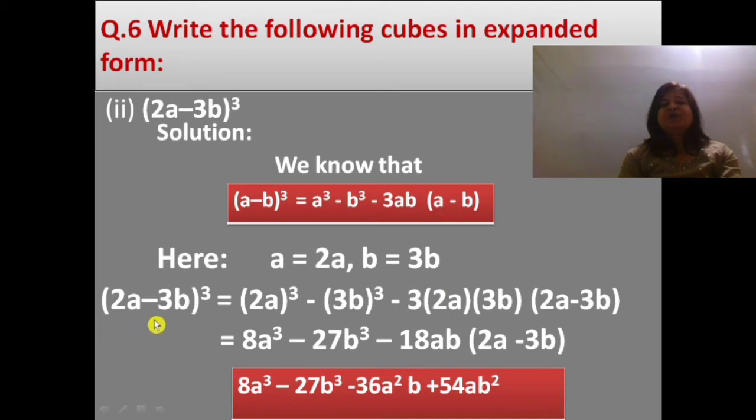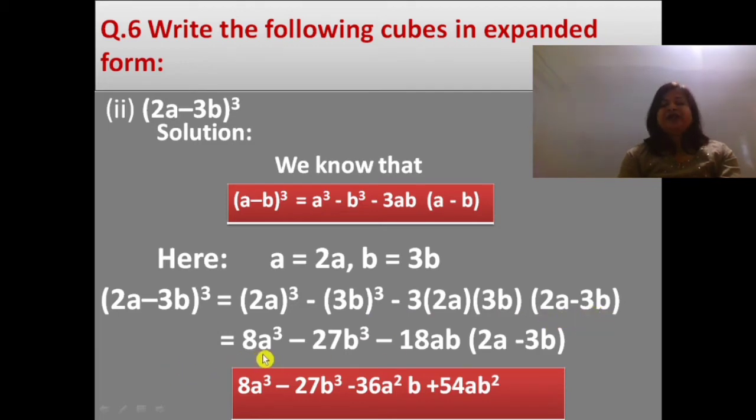So here (2a - 3b) whole cube is equal to (2a) cube. In place of a cube, (2a) cube will come, minus b cube. In place of b cube, (3b) whole cube will come, minus 3 into 2a into 3b, 3 into a into b into (2a - 3b), that means a minus b.